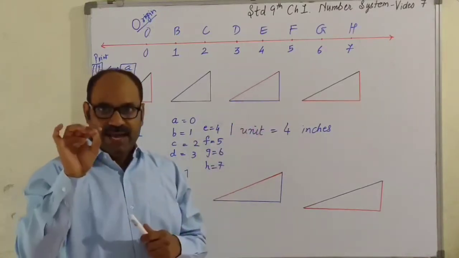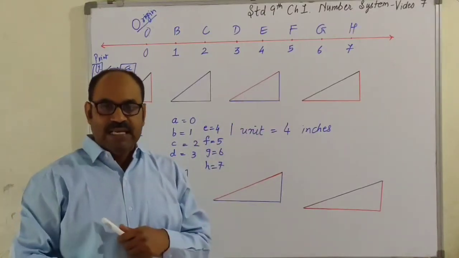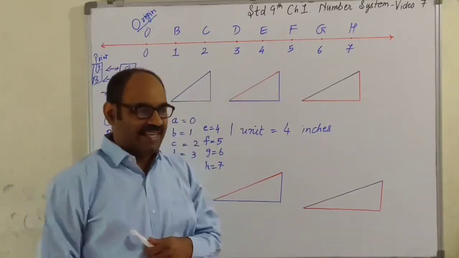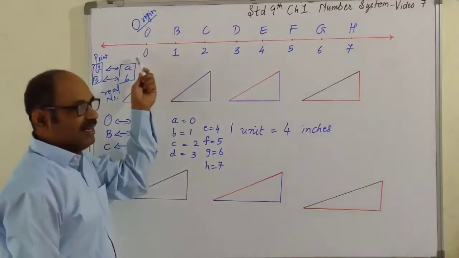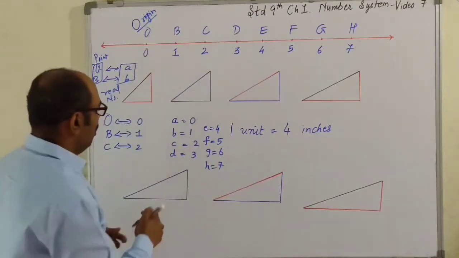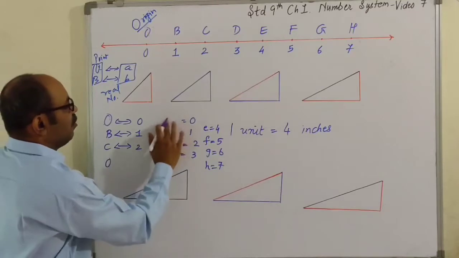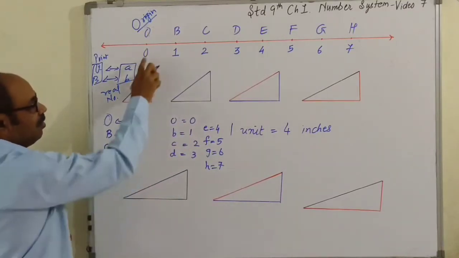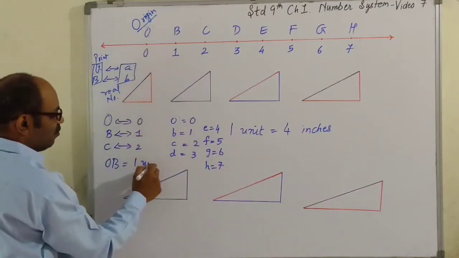On the number line, that point we call origin because from that point we measure all the distances. Okay? Now tell me, how far is B from O? That means OB. What is OB equal to? 1 unit. OB is 1 unit.